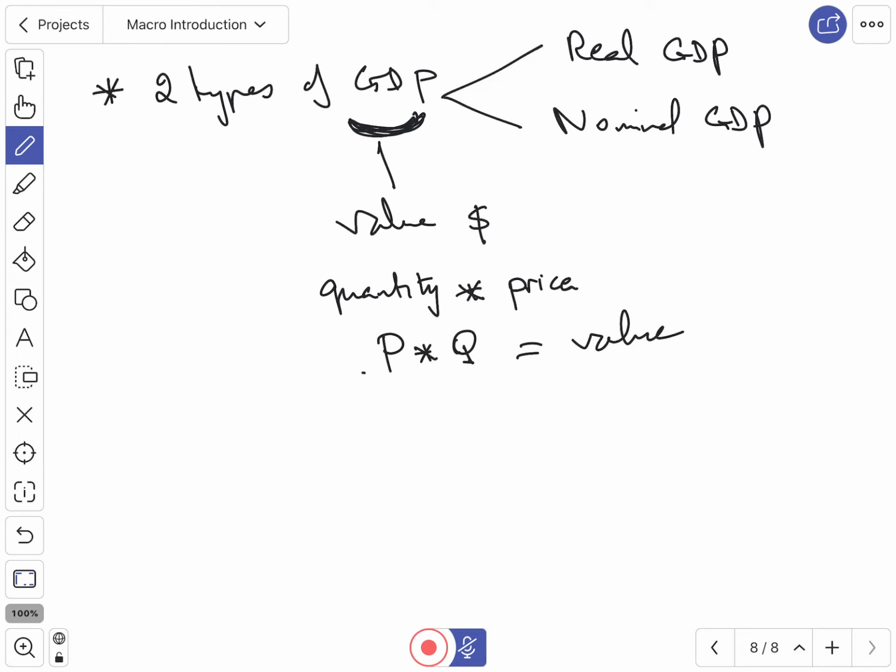So the differentiation between real and nominal GDP is based on these two components, right?